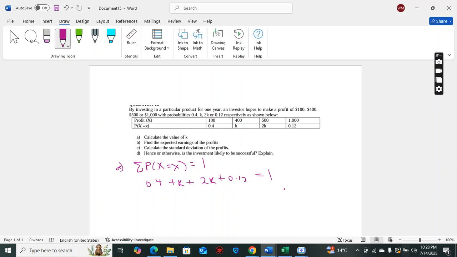And this is how you can even be able to time yourself in the exam. Per question, on average, how much do I spend per question? So if you spend 10 minutes per question, and in the exam you have to answer, let's say, 10 questions, that is 100 minutes. 100 minutes in hours is 1 hour 40 minutes.